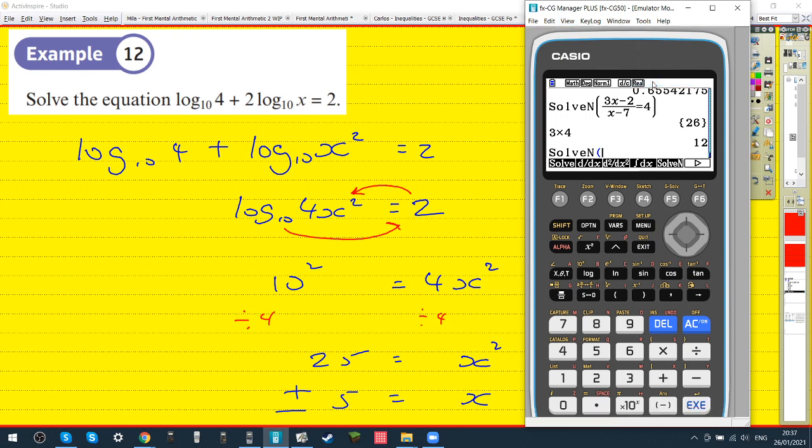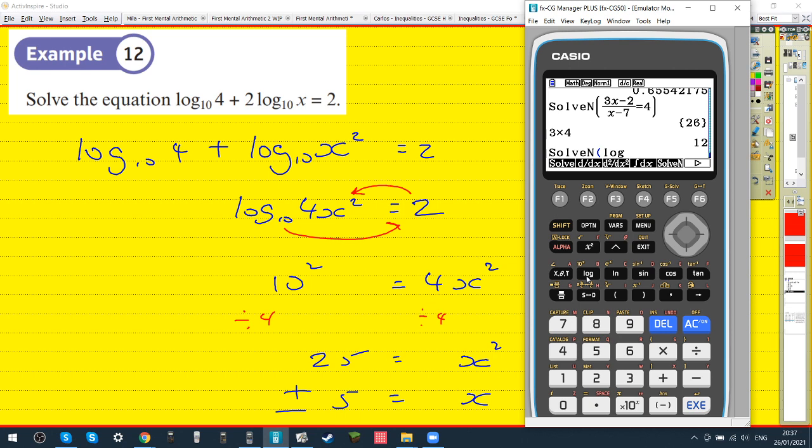What's Solve N for? I forgot it on the calculator, but what does it mean? Solve the equation. Okay. Solve doesn't work for some reason. Solve N is the one that works. Where's the log button? Oh, there it is. Log. Okay. How do you put in the base?